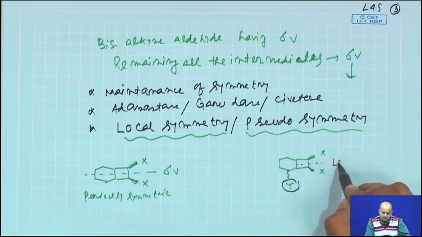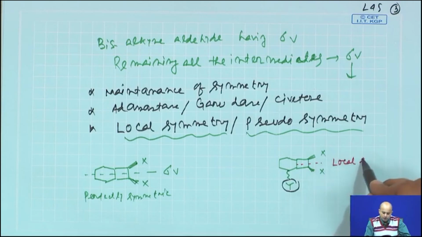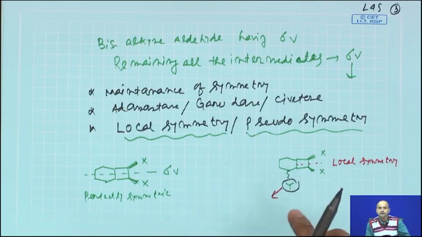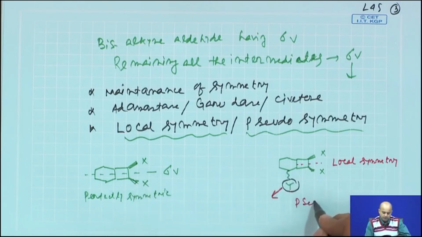So, this is called local symmetry. The cyclobutane part which has the symmetry is called local symmetry. Eventually, the presence of Y is the main disturbing factor. So, from a perfectly symmetrical molecule, you can now call it a pseudo symmetric molecule.